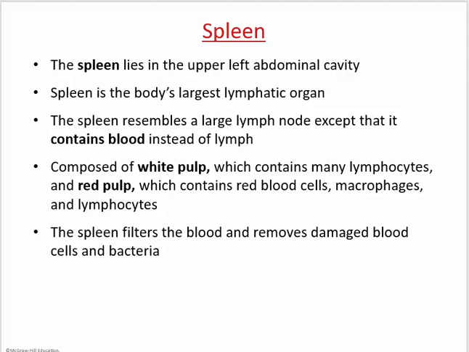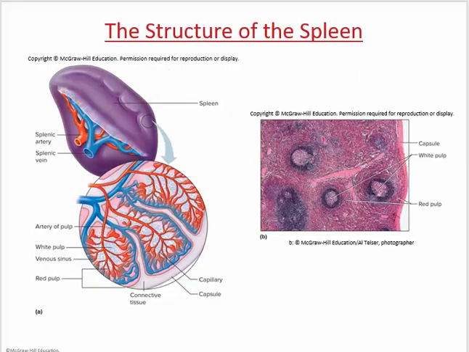Because the spleen filters the blood, it deals with any pathogens that might be in the blood, but it stores platelets, and it is the ultimate resting spot for damaged red blood cells. That's where they get removed. So that's a big job of the spleen, removing old blood cells.